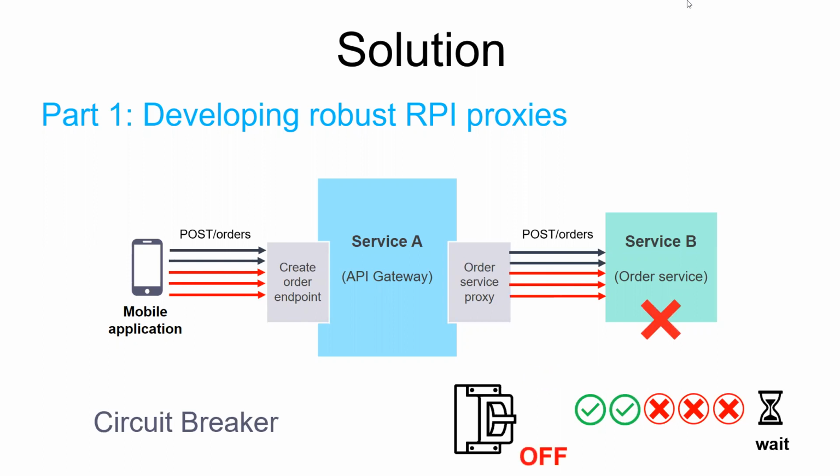After this number of failing requests, the circuit breaker switches to the off state, which means that no more requests will be served by the application and that we have to wait for a while till the order service becomes responsive. After that, the circuit breaker switches again to the on state and accepts the requests received from the client.